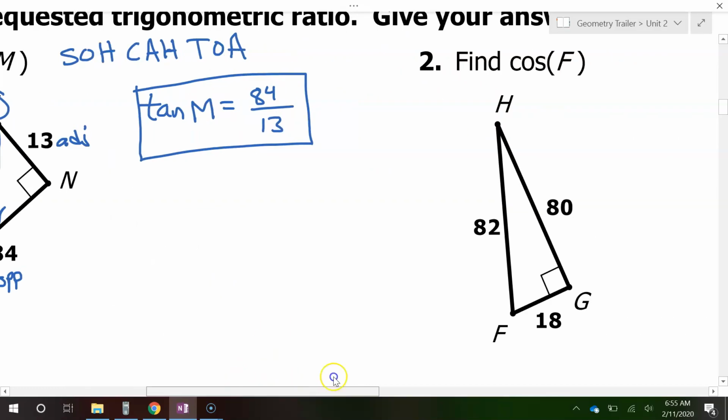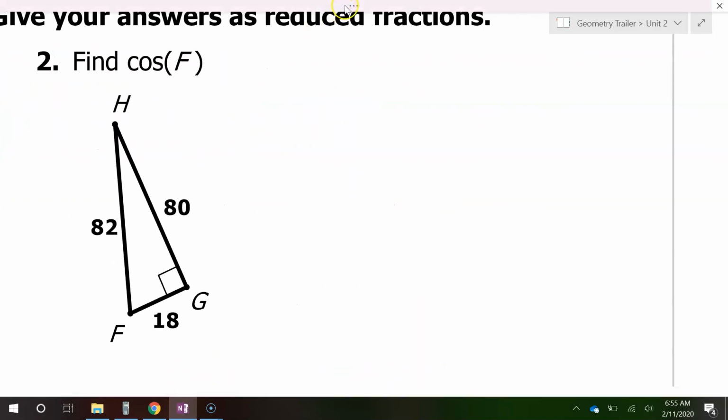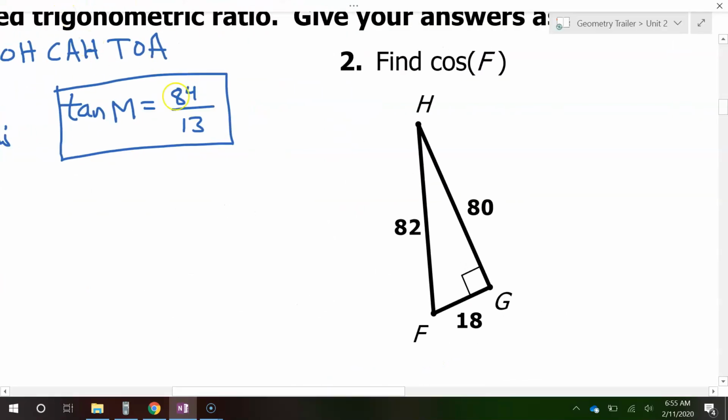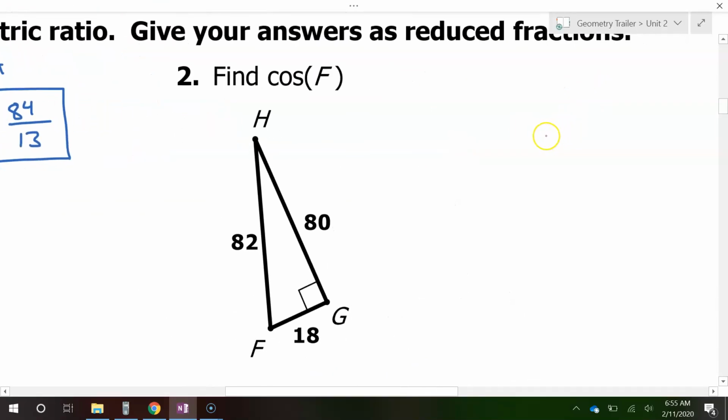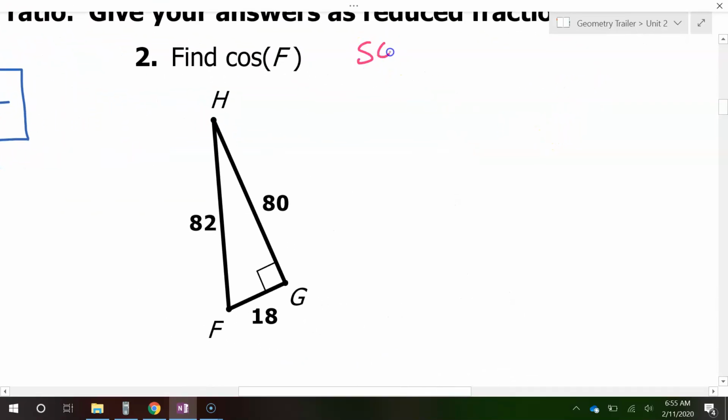All right, moving on to problem number 2. All right, so let's go ahead and write SOHCAHTOA again. And let's label the sides. Where's the hypotenuse? Well, it's across from the 90-degree angle, so that makes this the hypotenuse.